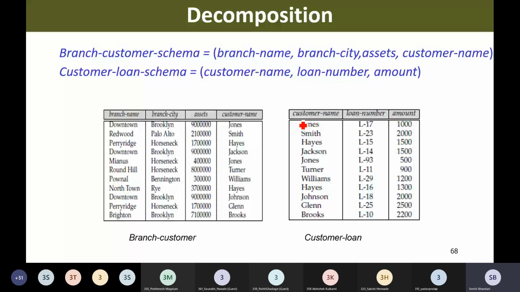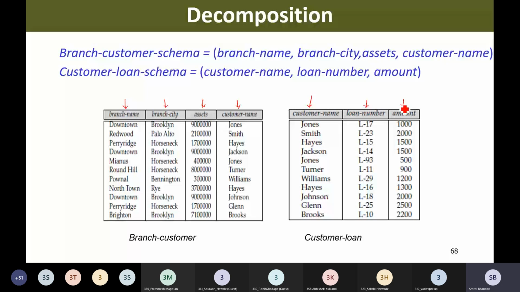Branch customer has these 4 attributes, whereas the customer loan relation has 3 attributes. So this is the way we have decomposed our relations. Now we would like to find out whether this decomposition is a good decomposition.